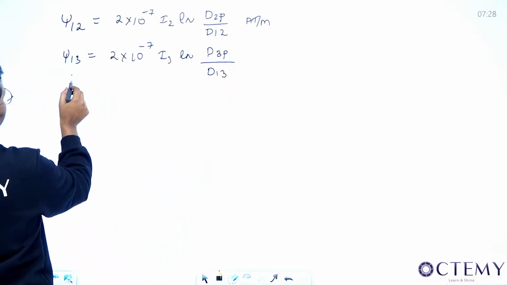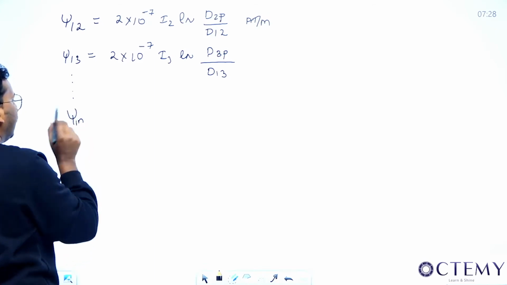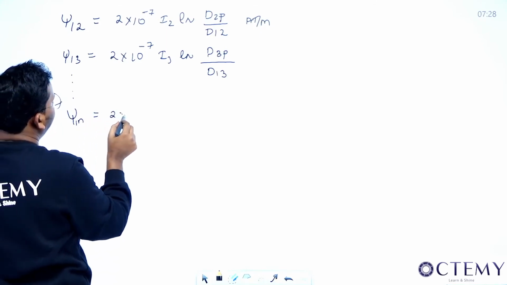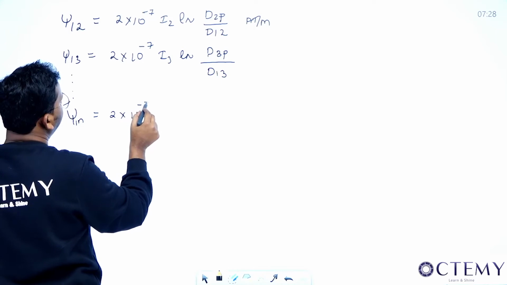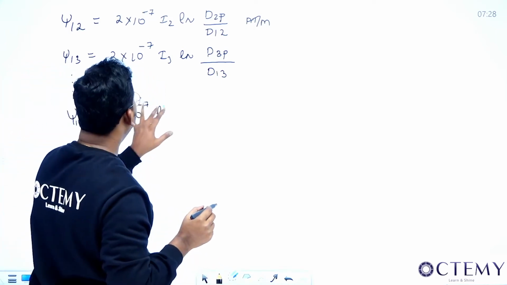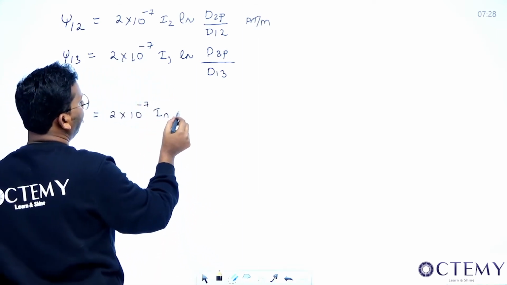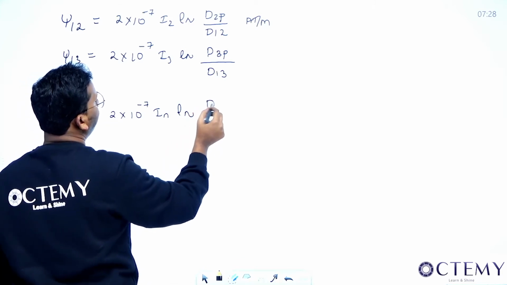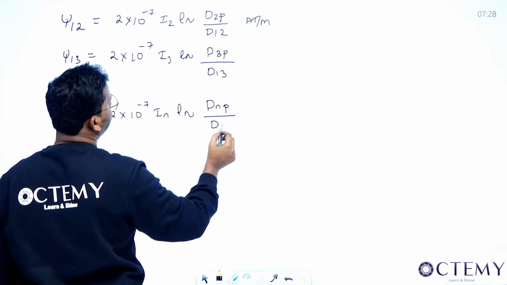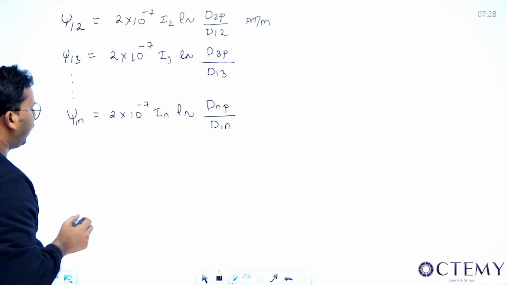Similarly, if I want to find phi 1n, because of the current in the nth conductor, the flux linkage should be equal to 2 into 10 power of minus 7 into In into ln distance between nth conductor and P point divided by distance between first conductor and nth conductor, right? So let me find the phi total now.